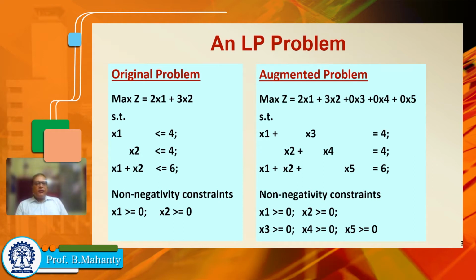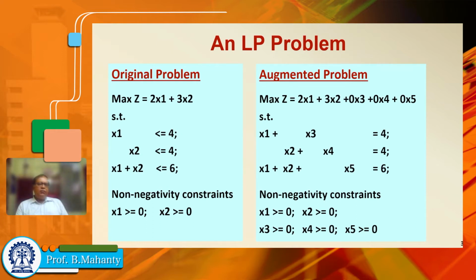And these x3, x4, x5 together form a unity matrix. Why a unity matrix? 1, 0, 0, 0, 1, 0, and 0, 0, 1. So when that happens, the three variables, the slack variables, we shall call them basic variables.